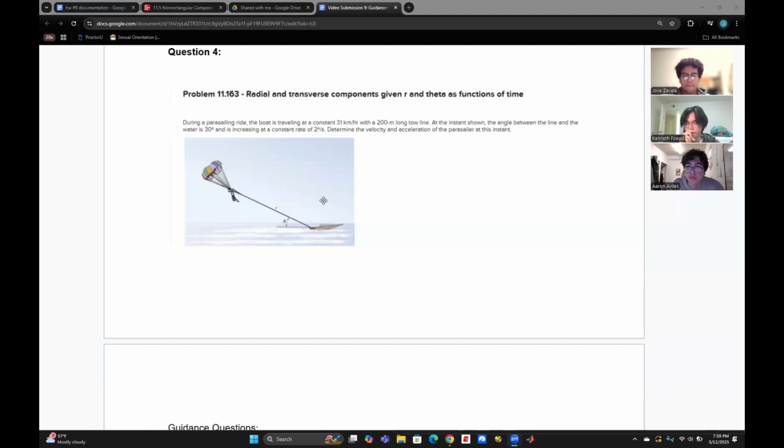Rho is given at 200 meters. And then we have our centripetal acceleration. We also know that the centripetal acceleration points to the center of the rotation. So at this given instant, it must be parallel to the radius, which means it's at 30 degrees, on the line of the radius.